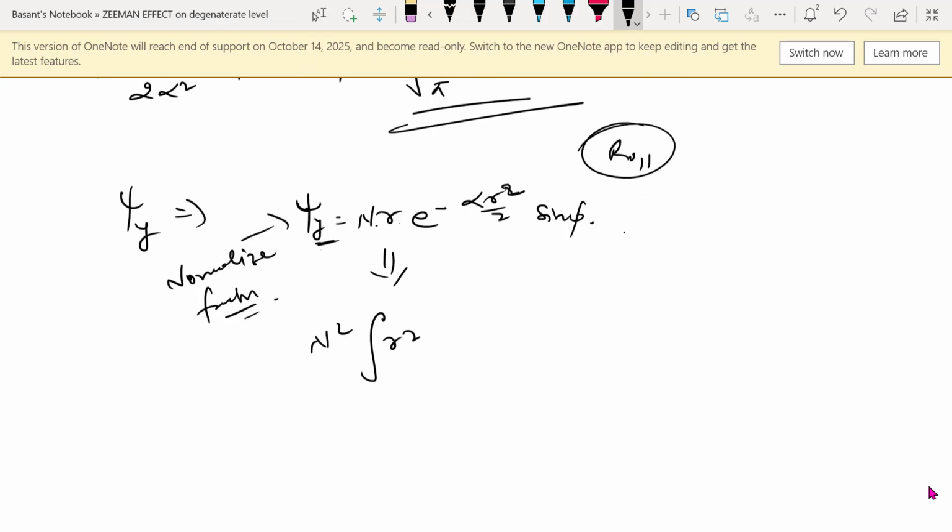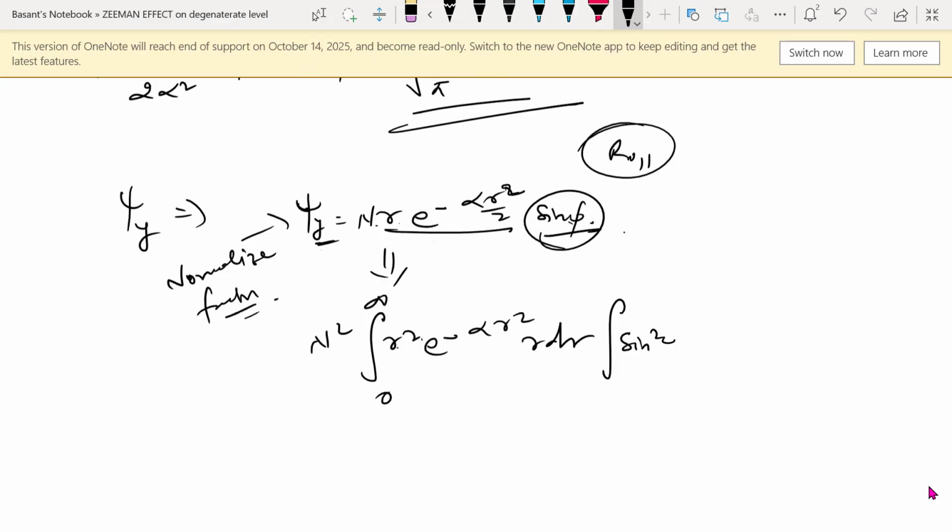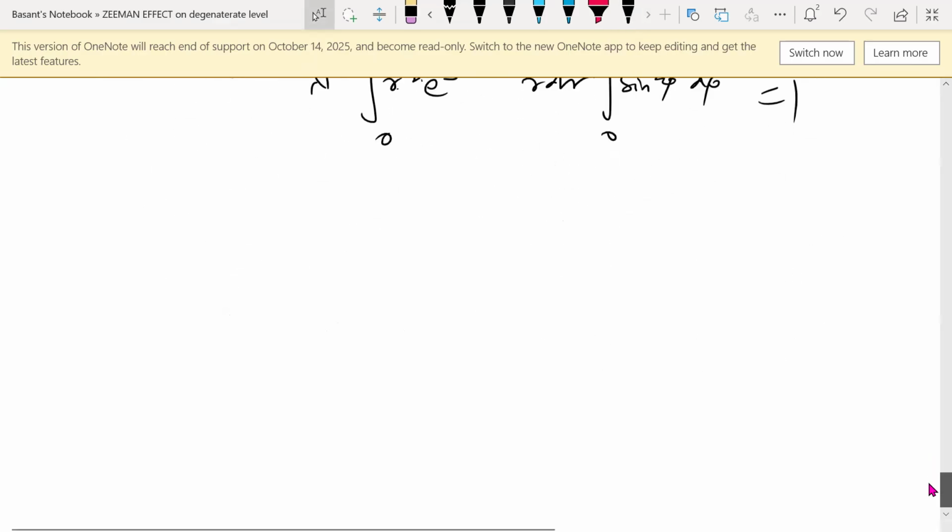A similar integral arises here, that is r square e to the power minus alpha r square r dr, 0 to infinity, and the angular part becomes sine square phi d phi, 0 to 2 pi, and this equals 1, because the total probability becomes 1. That is the concept of normalization.